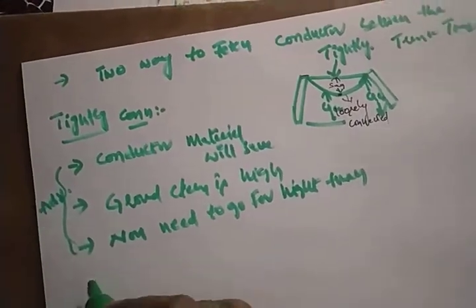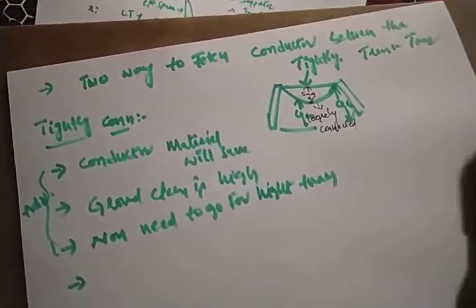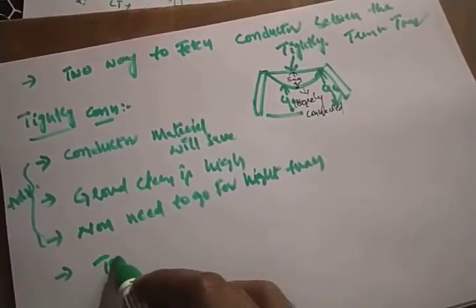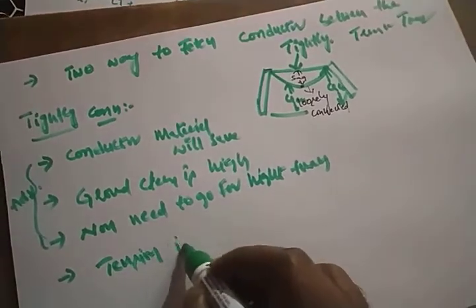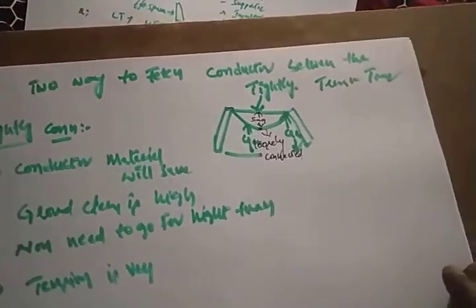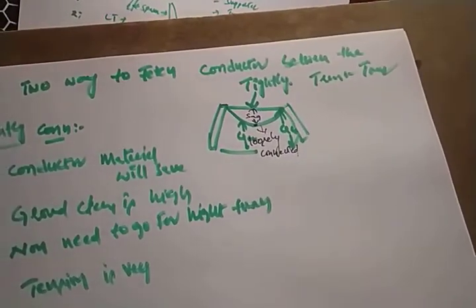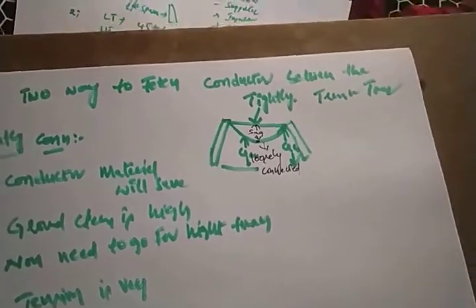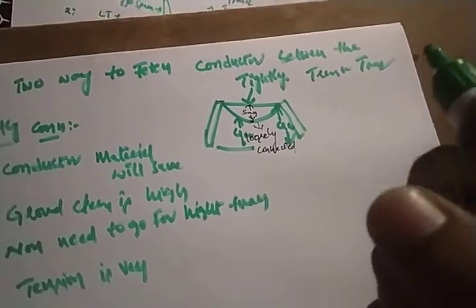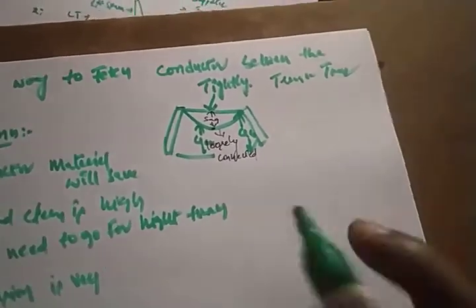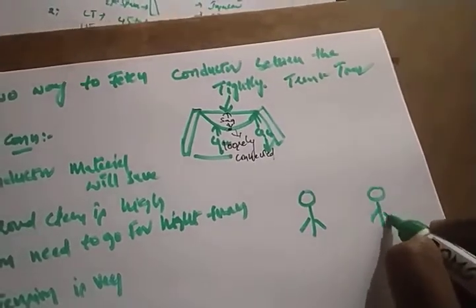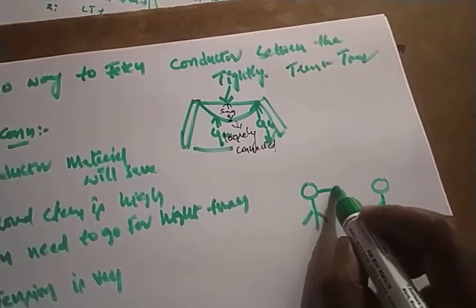And what about the disadvantage? When you are connected tightly, the tension will be very high. Tension is nothing but the force. For suppose there are two persons carrying a wire.